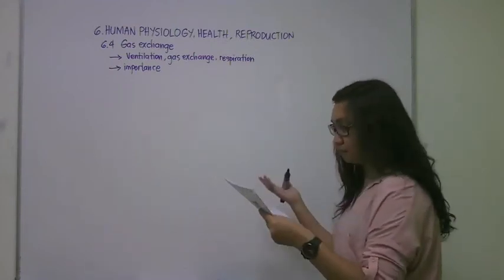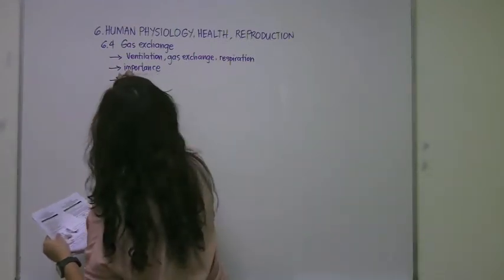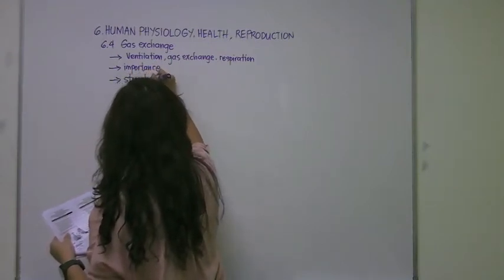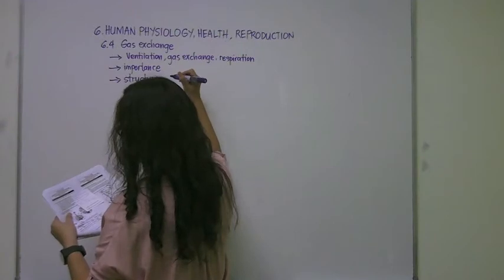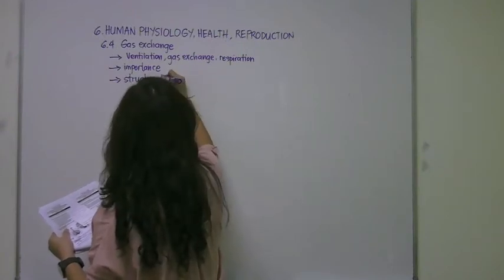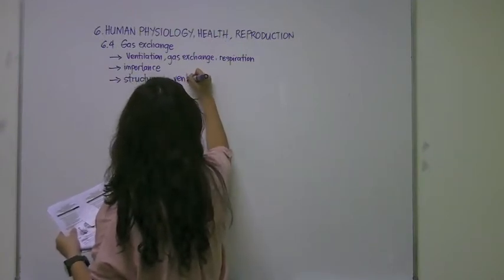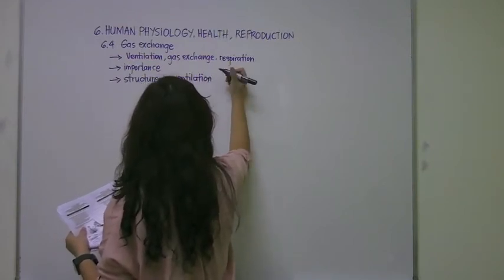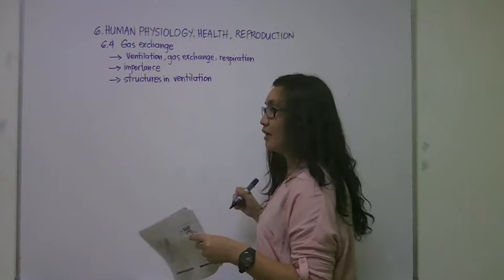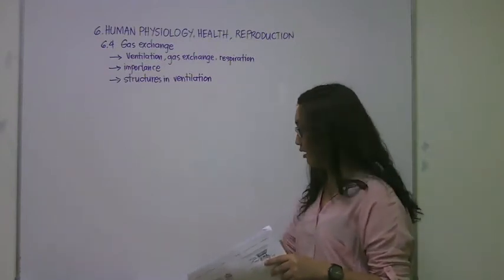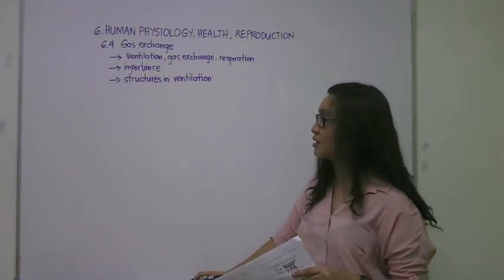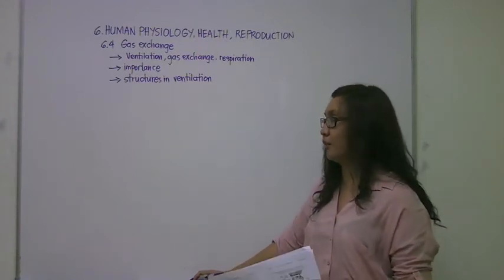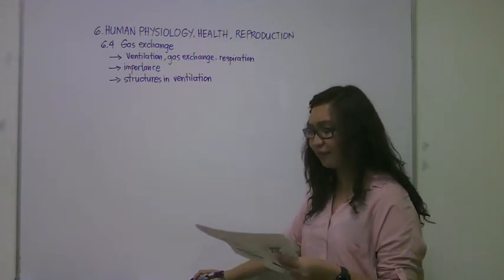Okay, so right after that, we need to identify the structures in the ventilation system, starting from the nose, larynx, trachea, bronchus, and then the bronchioles, and then the terminal part of it is the alveoli.